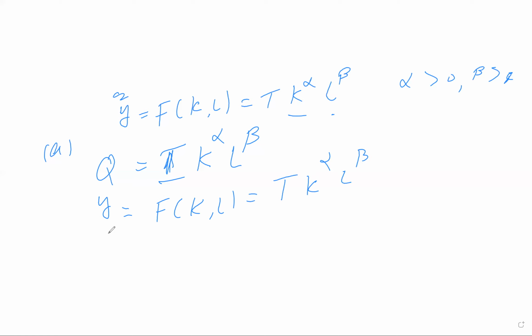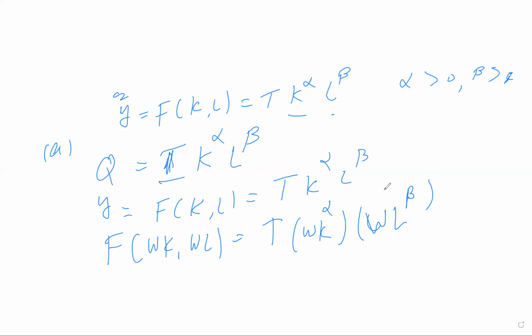So we increase the factors, W times K and W times L, and that is equal to T times WK to the alpha and WL to the beta. Doing a little bit of math, we can write this as T, W to the power of alpha, K to the power of alpha, and W to the power of beta, L to the power of beta.